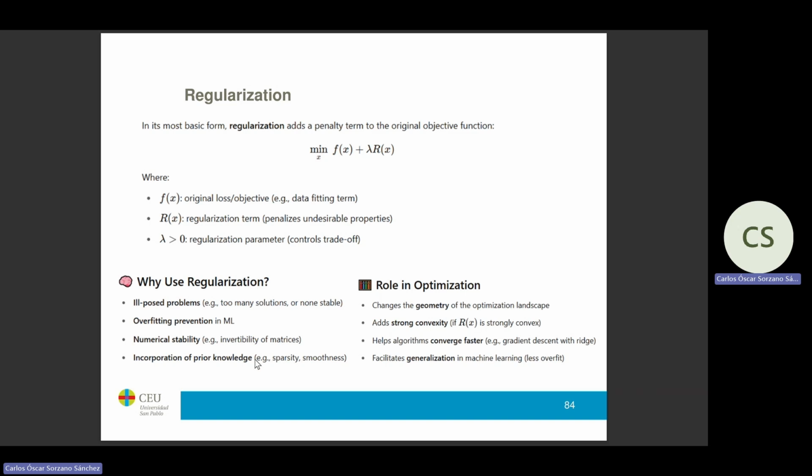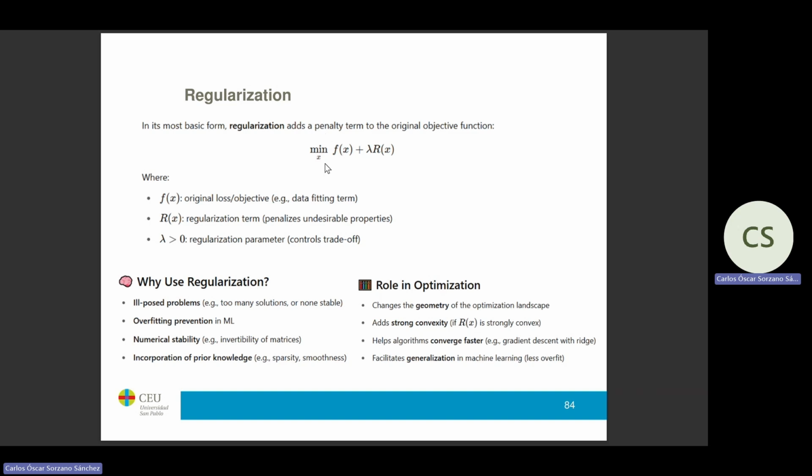Sparsity, that means most of the components of x are 0 except a few ones, or smoothness, so the values of x should change slowly. And then by adding this regularizer, what you are doing is changing the landscape.